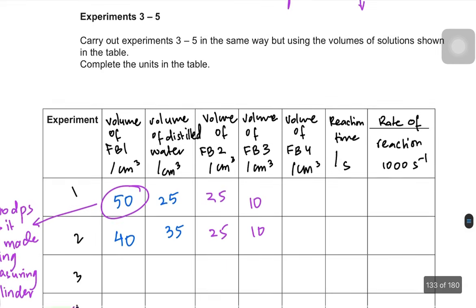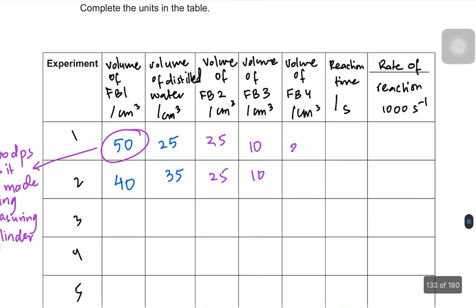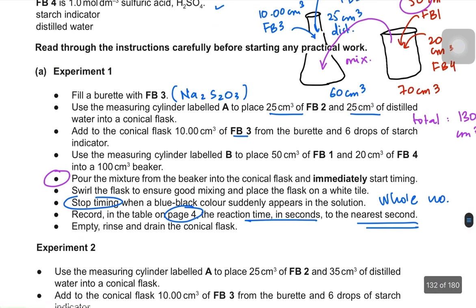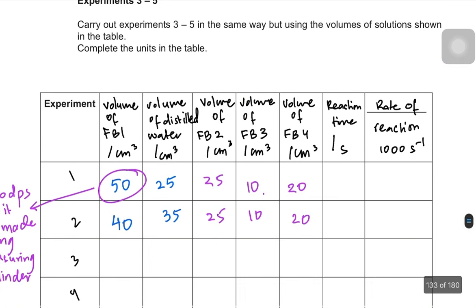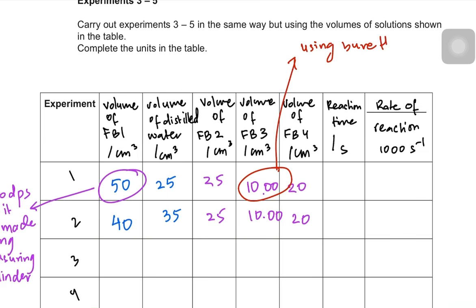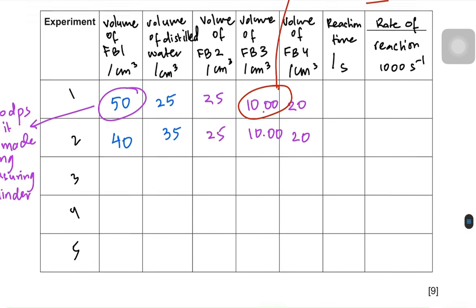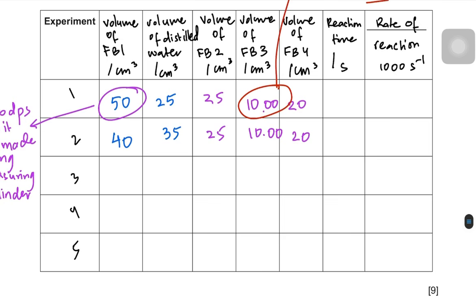Keep in mind that FB3 should have 2 decimal places, but others will not, because FB3 was measured using a burette. The others were measured using a measuring cylinder. Let me write that: using burette. So 2 decimal places are highly imperative over here.